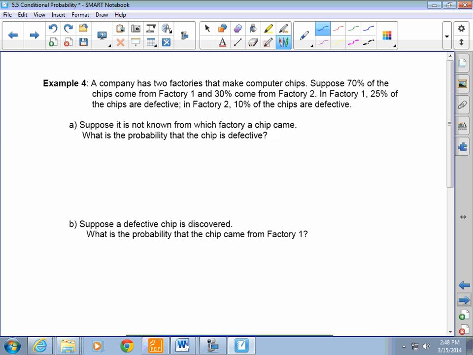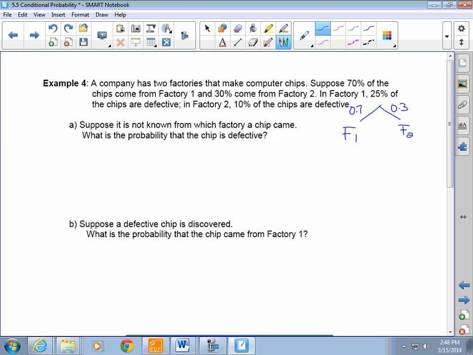So what we need to do is figure out the probability of them being defective in factory 1 and the probability of them being defective in factory 2. So if we do the tree for this, we have factory 1, I'll call it F1, and factory 2. 70% of the chips come from factory 1, so that's a 0.7. 30% are from factory 2.